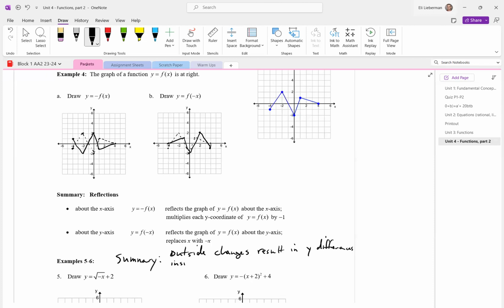Inside changes result in x differences. And when I say difference, I don't mean in the form of subtraction. I just mean it moves somehow.